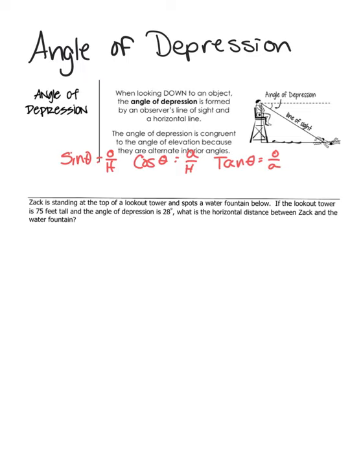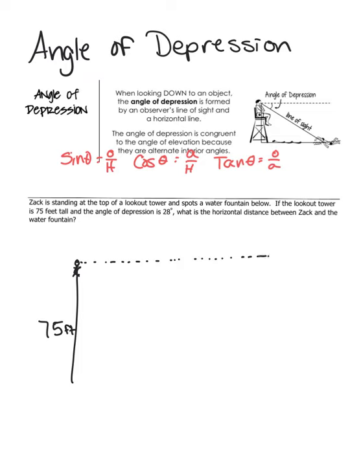So Zach is at a lookout tower. And here's Zach at the lookout tower. It says the lookout tower is 75 feet tall. So Zach just looked out straight. This would be his horizontal line of vision.